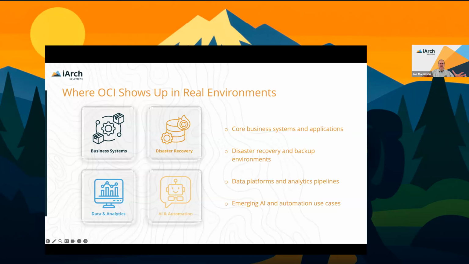You can set up your tenancy, your structure, move maybe one of your systems up in there. Maybe it's an old legacy JDE system or a Hyperion system or some databases, and you can see how this works. And if you don't like it, guess what? Your investment is super minimal. You can whack that project and move on to the next system. DR is a great example of where we see it in real world environments today.